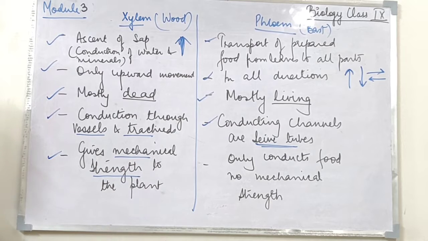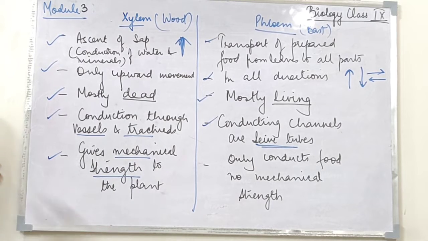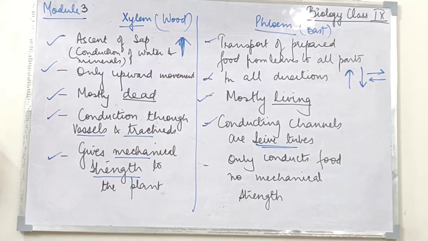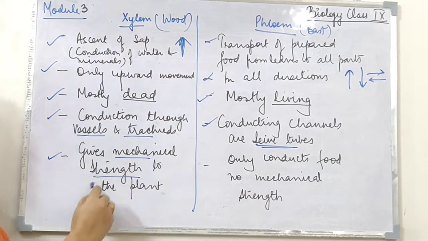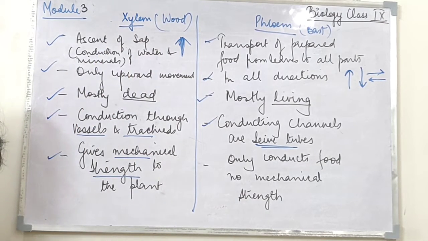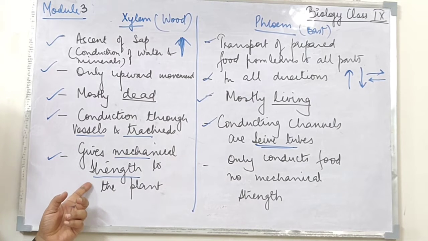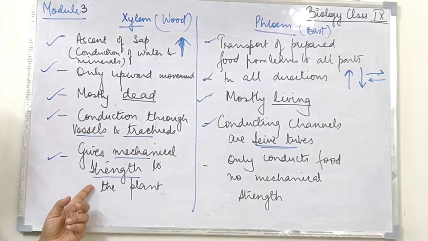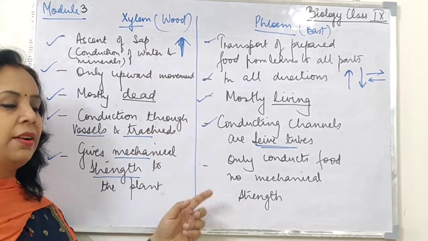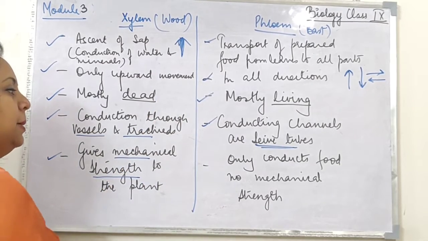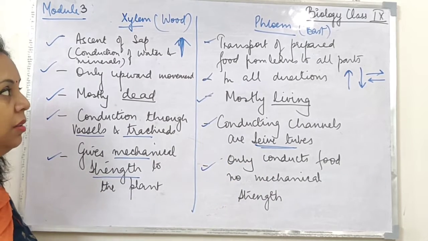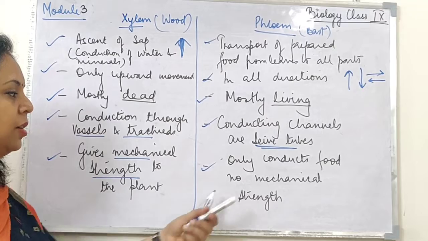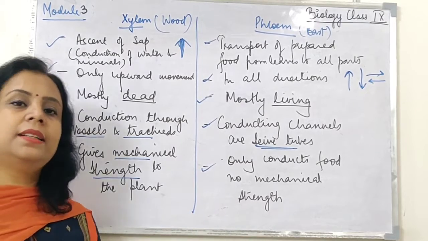You have studied the three types of elements which are dead in xylem, and they have lignified walls which are highly thickened, and therefore they provide mechanical strength to the plant. Phloem does have phloem fibers, but they are mainly conducting food to all the parts, and they are not providing any mechanical strength.